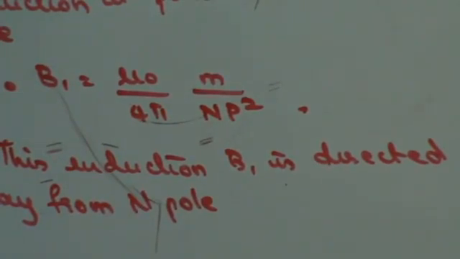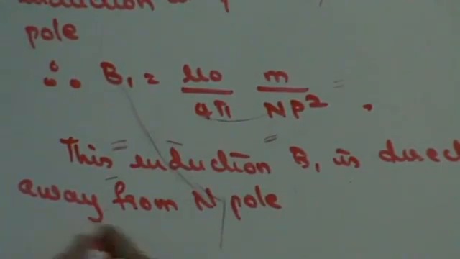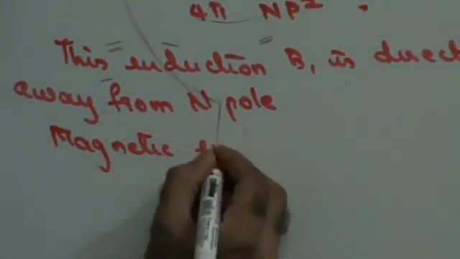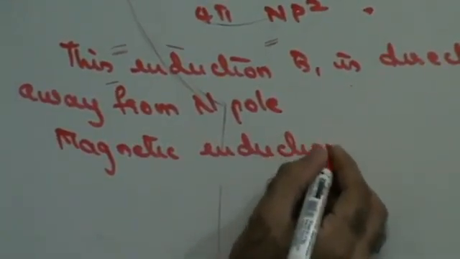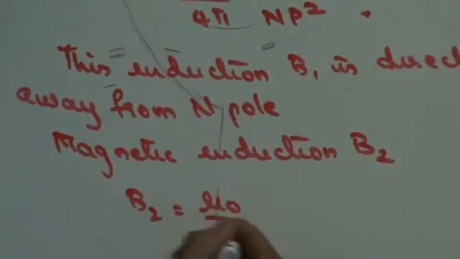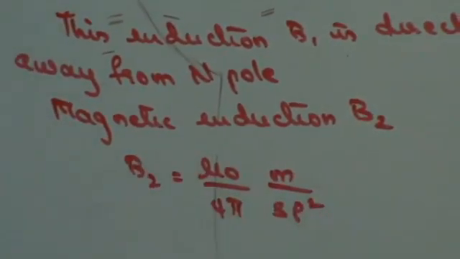Fine. Now let's also assume, guys, the magnetic induction B2 at point P due to the south pole is going to be mu 0 upon 4 pi, m upon SP square.